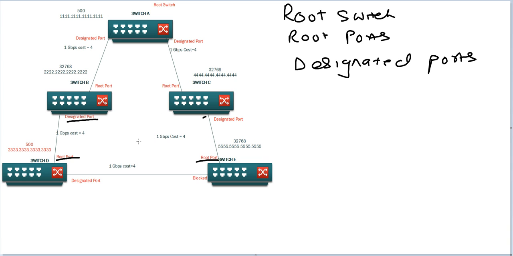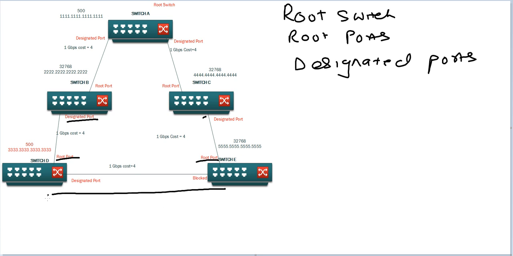The network segment between switch D and E doesn't have a root port. The root port is here, and similarly the root port is here. Because both have already identified a root port, they are now looking for either a designated port or a blocked port. As such, both ports on switch D and switch E are eligible to become designated ports.